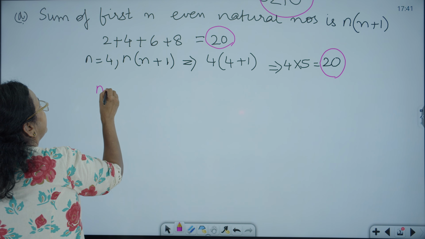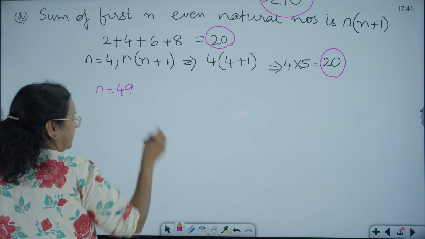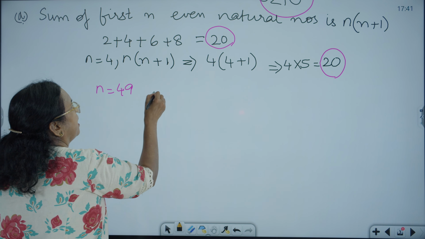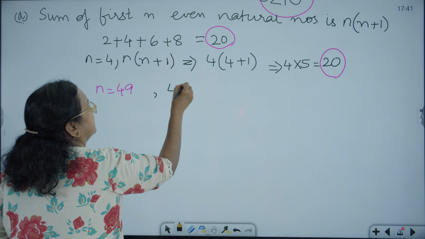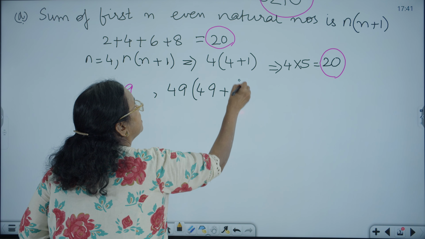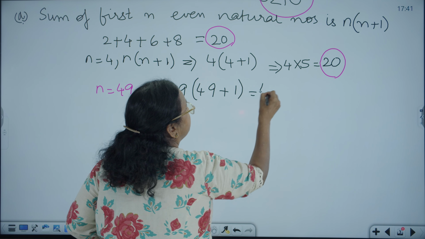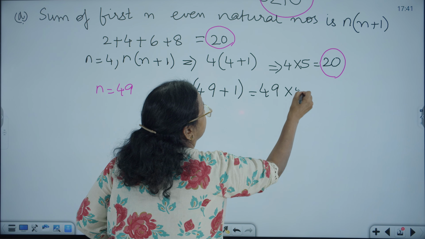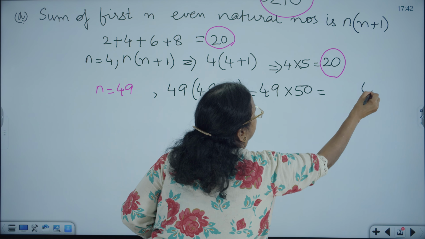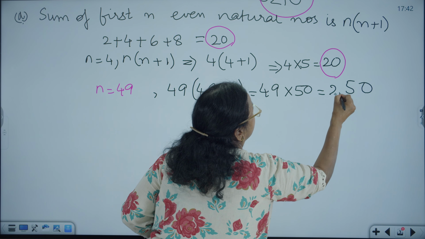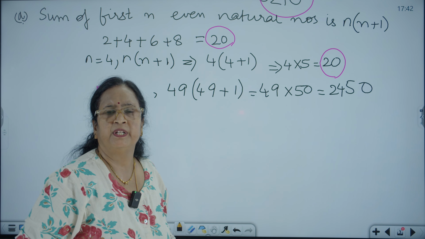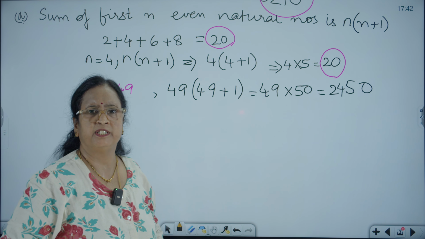Now, n is 49. So, I use 49 bracket 49 plus 1. That is 49 into 50. That is equal to 2450. The answer is 2450.